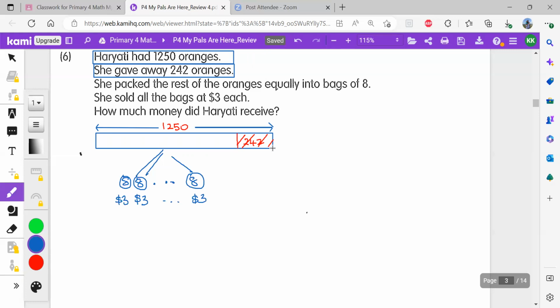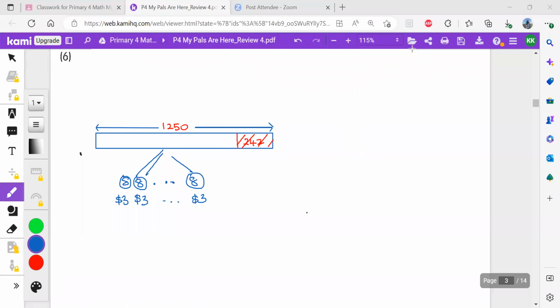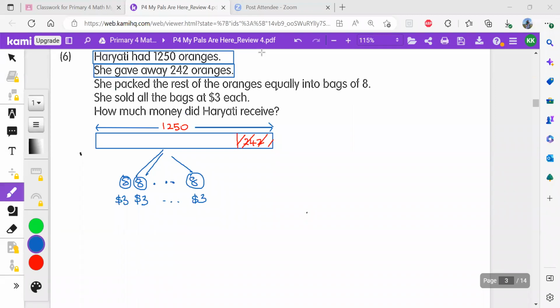Okay, all right, so that's all I can draw out. So I'm going to block off the question and just stare at my picture model. Is there anything I can find? Yes, I can. If I know that this is 1250, and I've given away 242, I can find how many oranges are left.